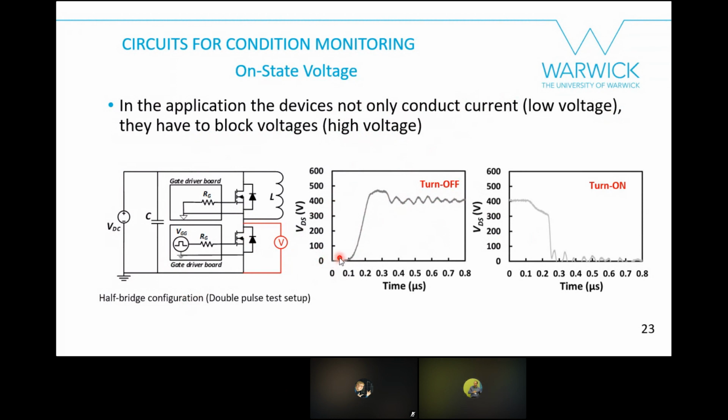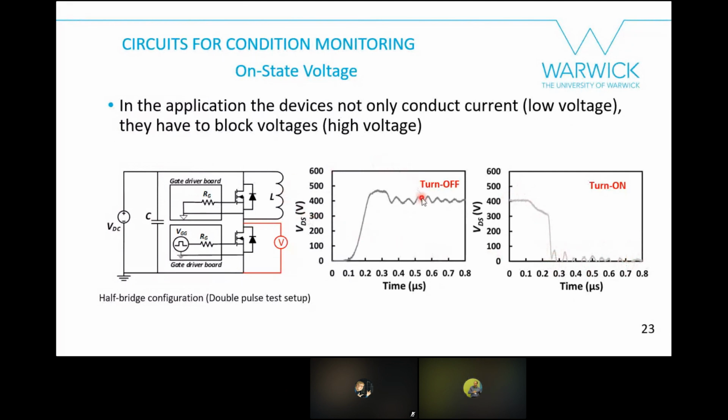When you turn off your device, you go from a very low on-state voltage to a high voltage of 400 volts. And the opposite, in turn-on, you go from a high voltage to a low on-state voltage. Now, you are really interested in monitoring this voltage here. That's what is going to determine your on-state resistance. That's what you want to monitor, but you have to worry about these 400 volts. So you are probably not going to have good resolution there.